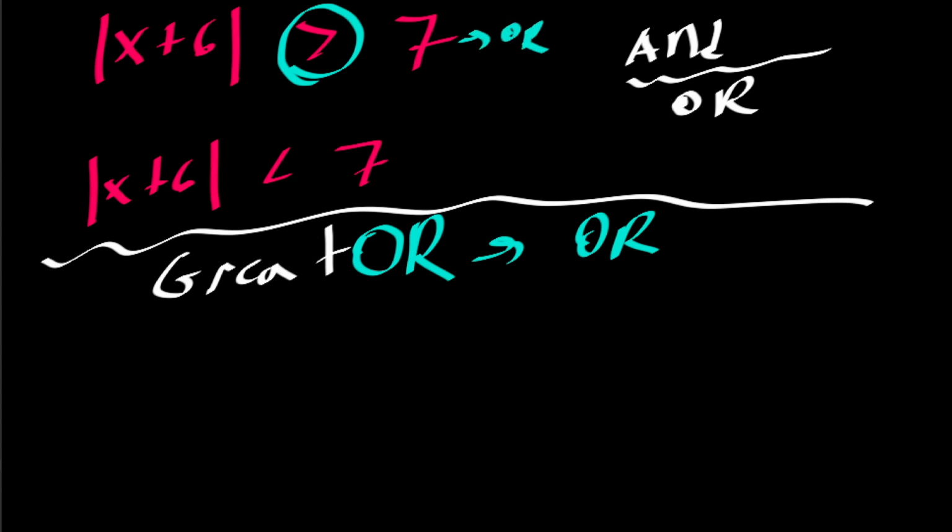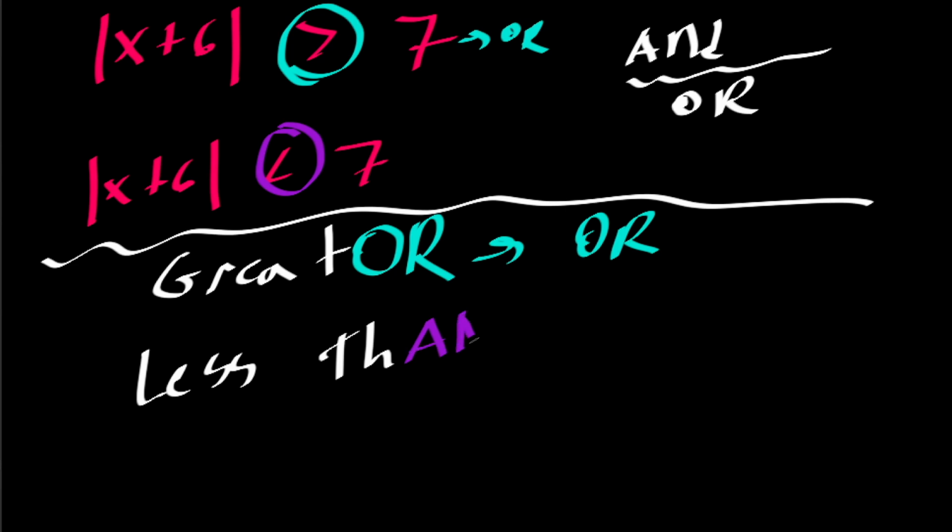Now, the same thing is true for the symbol of this inequality. It's giving away what type of inequality it is. Let me give you another way to memorize it. That's a less than symbol. At the end of "less than," we can emphasize the "an" part and then add our own little "d" at the end, and that's a way to memorize that a less than symbol means it's an and inequality.